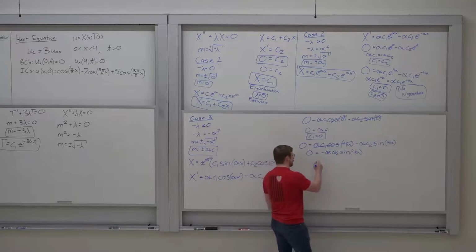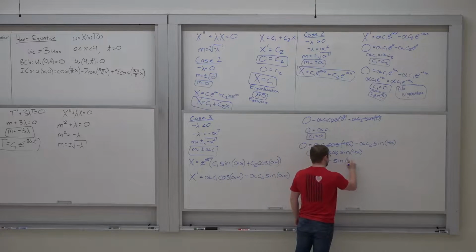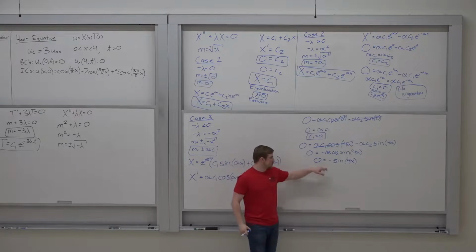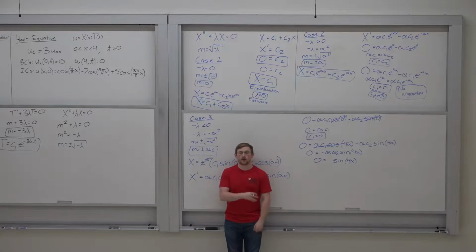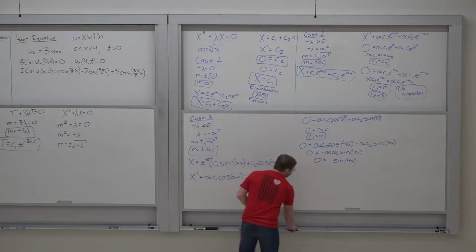So that means I need to have 0 equal to negative sine of 4 alpha. Or, you can just divide out this negative and say that you need sine of 4 alpha to equal 0. What values does alpha have to be to make that true? Well, for that, I like to draw my unit circle.